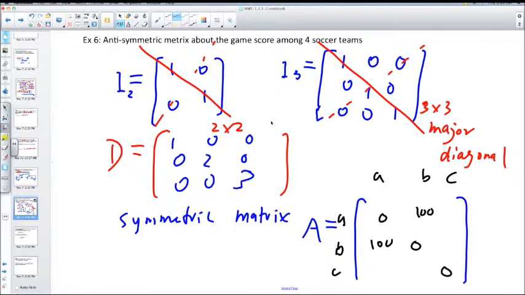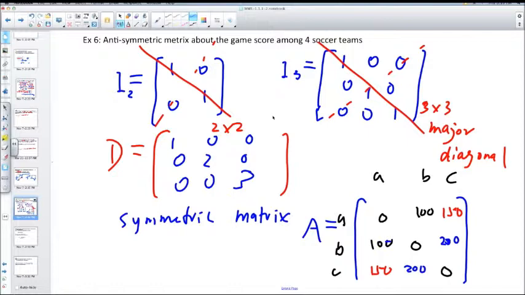And the distance from C to A, let's say, is 150 miles, and then from A to C is also 150 miles. And let's say the distance from B to C is 200 miles, so C to B is also 200 miles. See what is special?